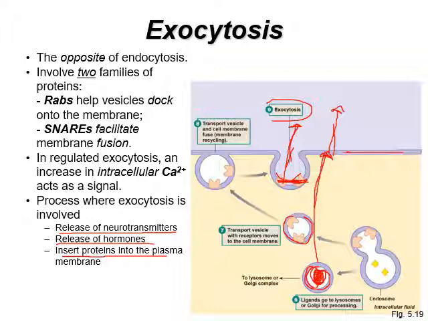Don't worry about RABs and SNAREs. We'll get into this a little more when we get into the actual release of neurotransmitter or hormones, and also we'll talk about the calcium in that case. But just realize for right now, exocytosis is moving out larger items, and in this case it's the vesicle fusing with the membrane and then releasing the contents out of the cell.